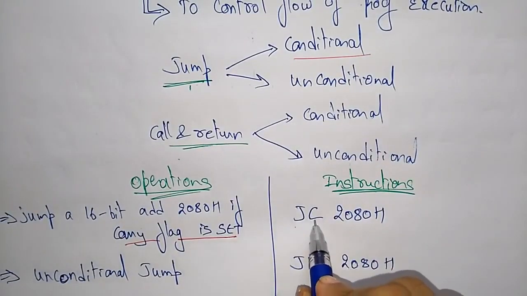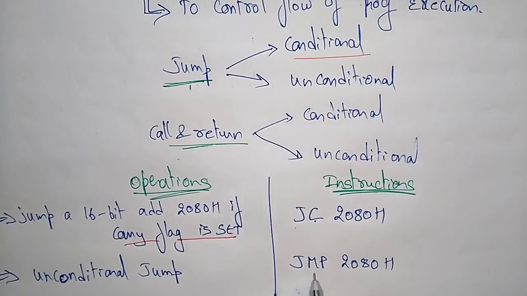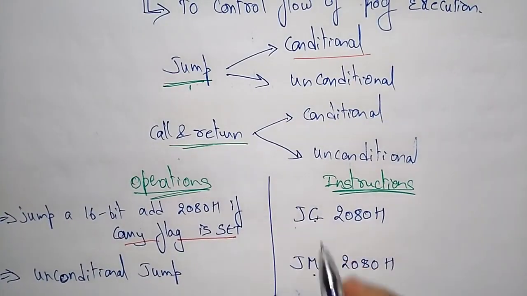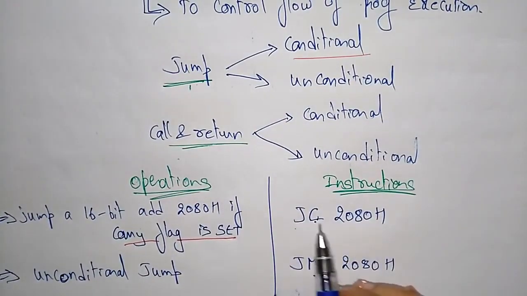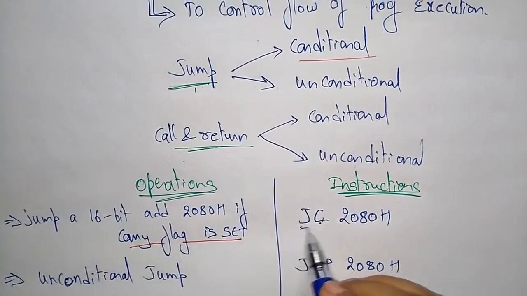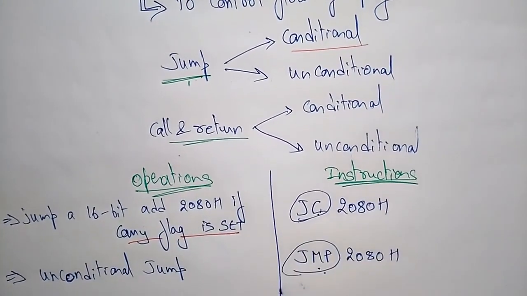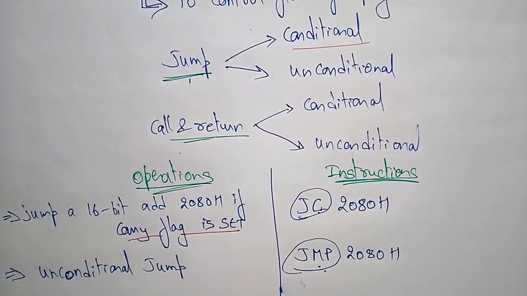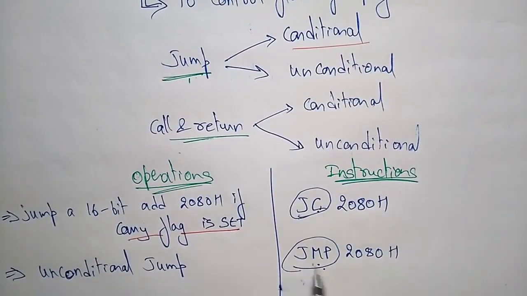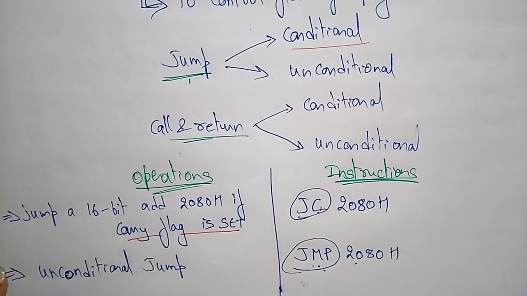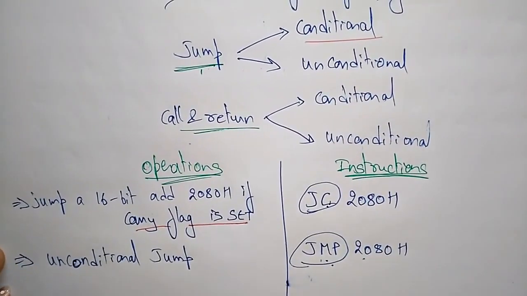So this is conditional and this is unconditional. For conditional you use the mnemonic JC, and for unconditional just JMP. So whether the condition is satisfied or not, whenever this jump is there, you have to jump to that particular address location.